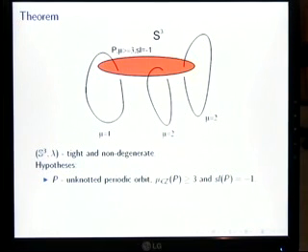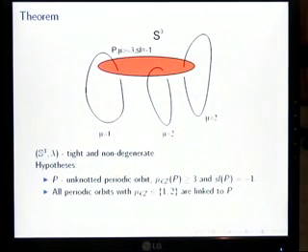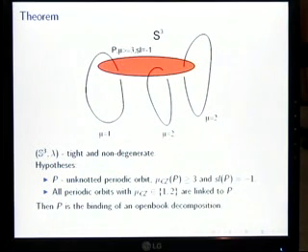So P, the candidate for the binding, has index at least 3 and self-linking number -1. If all the orbits are linked, then the theorem is that this orbit P is in fact the boundary of an open book decomposition.